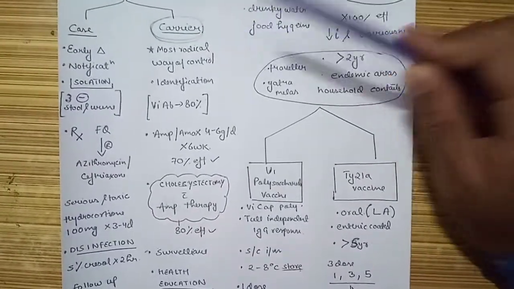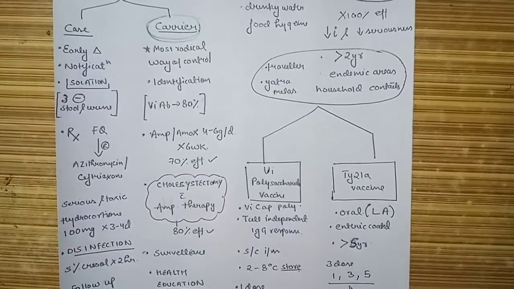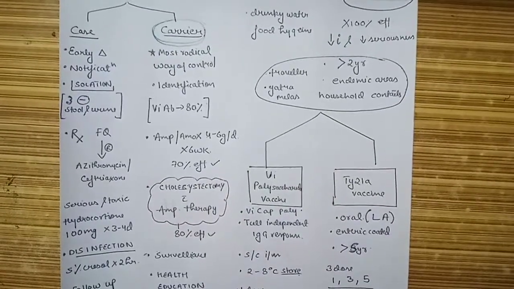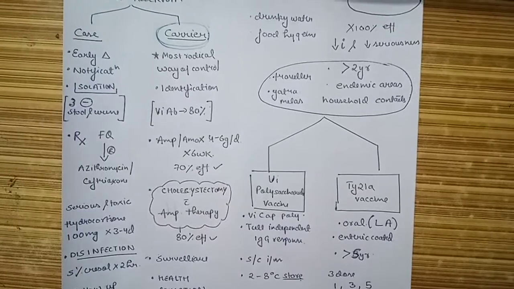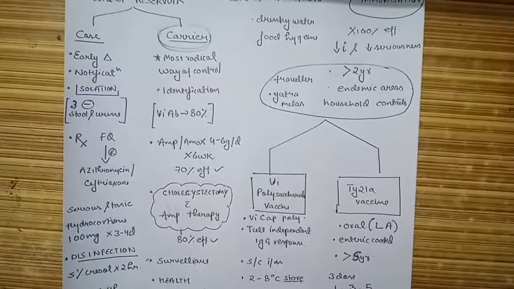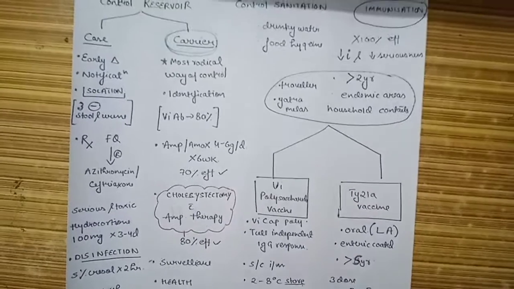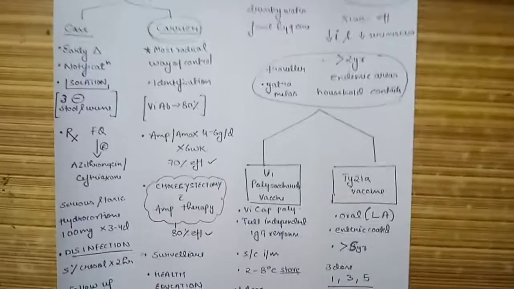Talking about the carrier, as Park has stated, it is the crux of controlling typhoid disease, because these are the ones who will freely go from here to there and spread the disease, because they are asymptomatic and they are harboring the bacteria within them. So this is the most radical way of control of typhoid disease.